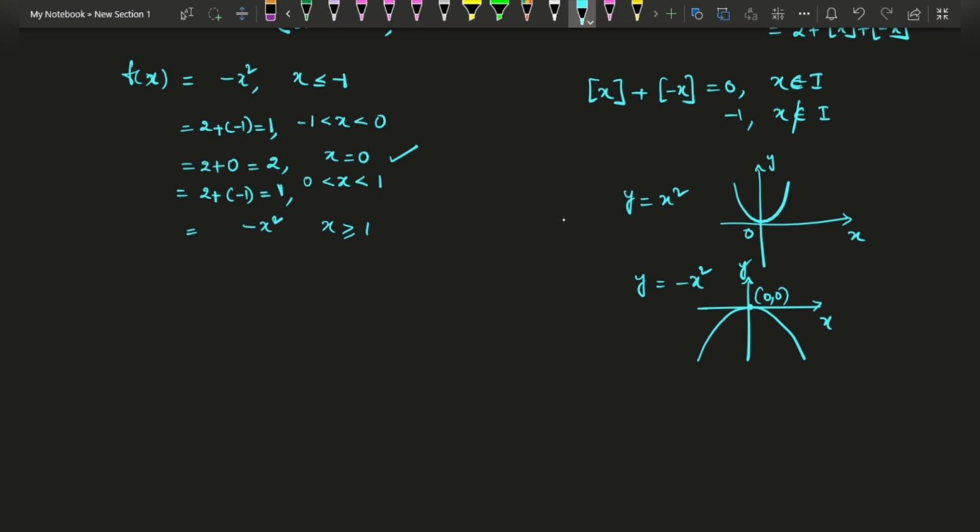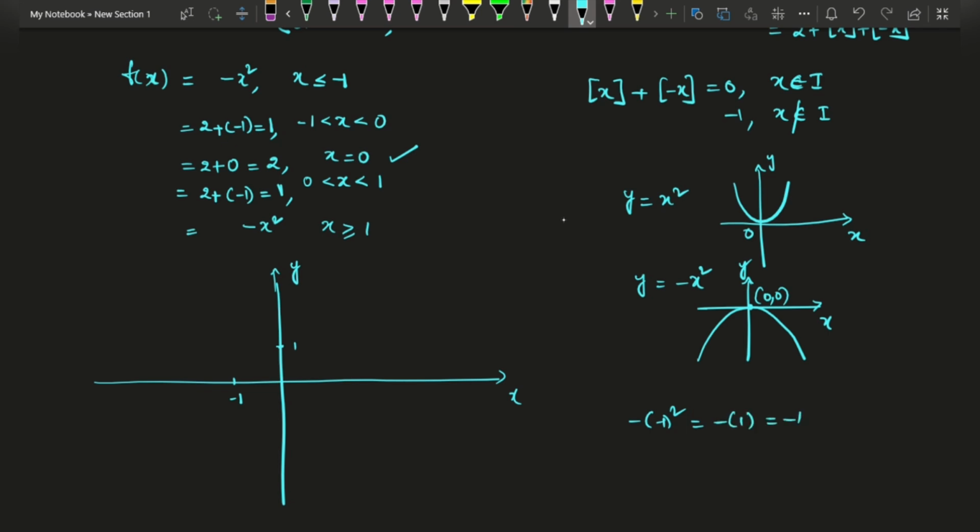So here I am going to draw the graph of f of x for that region. Take x-axis, y-axis. For x less than or equal to minus 1, it is defined as minus x square. When x is equal to minus 1, its value is how much? Minus of minus 1 whole square. Minus 1 whole square is nothing but 1. So obviously it is minus 1.